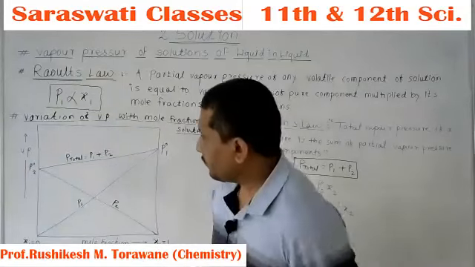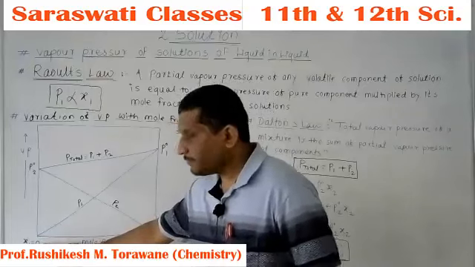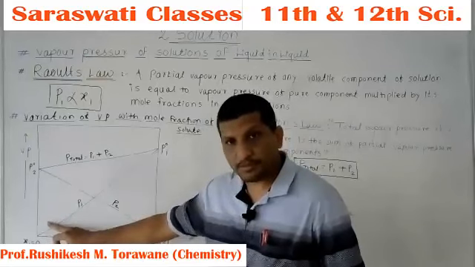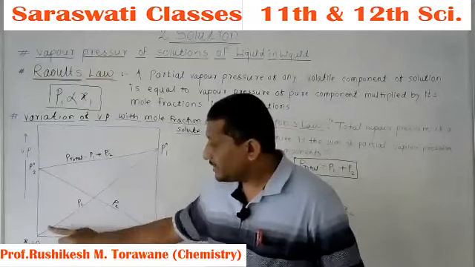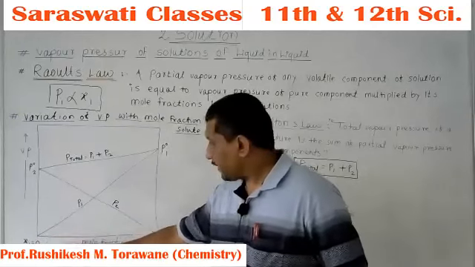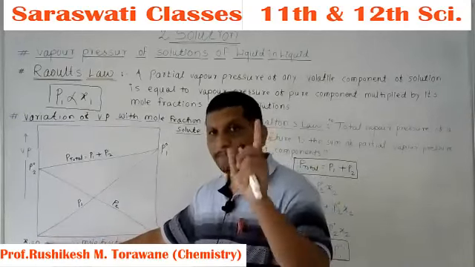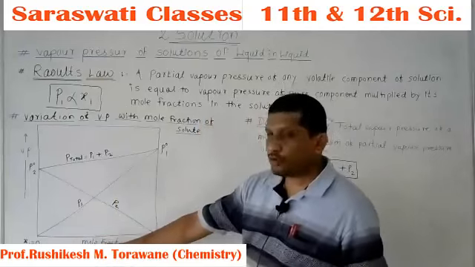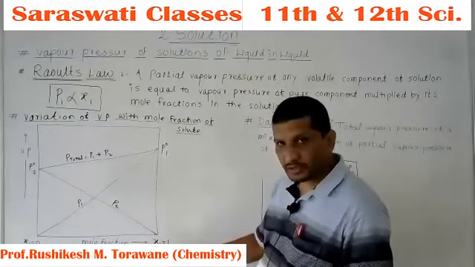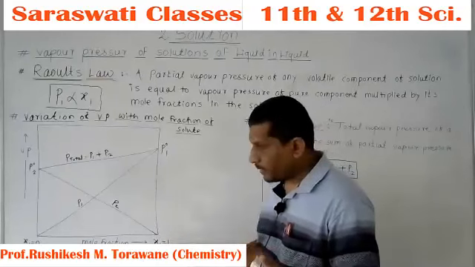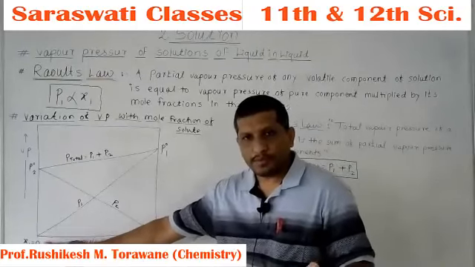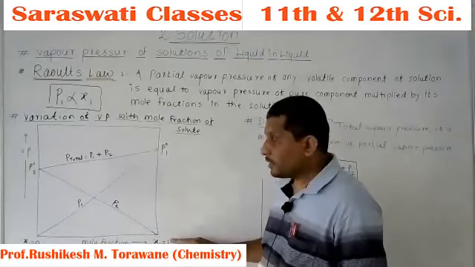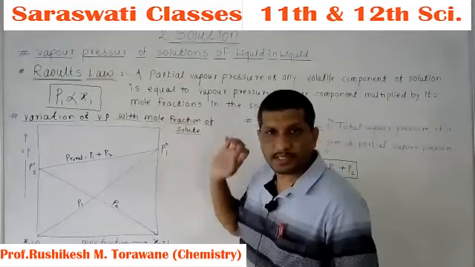We see that when mole fraction x1 is equal to 0, the partial vapor pressure of the first component starts here. When the mole fraction increases toward x1 equal to 1, the partial vapor pressure also increases up to P naught 1.